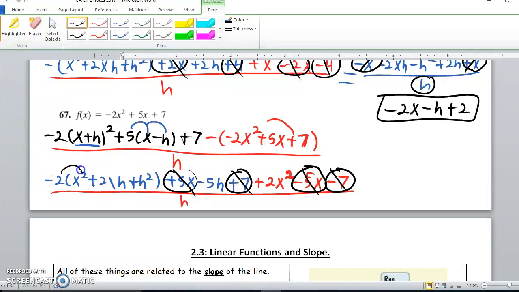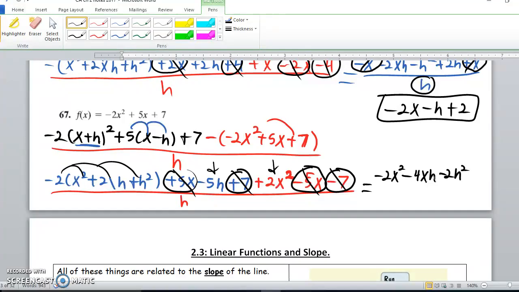Now we need to distribute that minus 2, and then don't forget about those parts that are left over. So that should give us a negative 2x squared, minus 4xh, minus 2h squared.